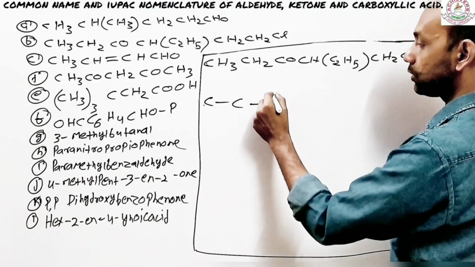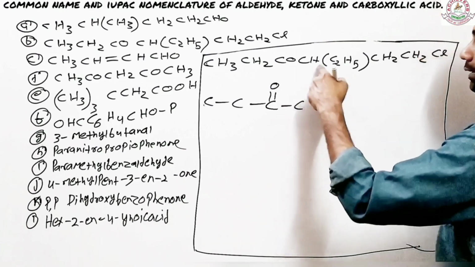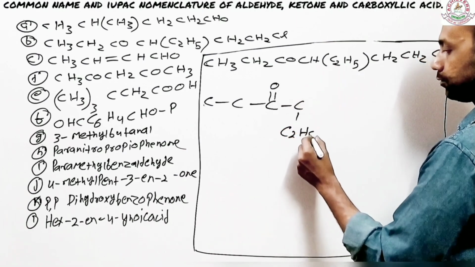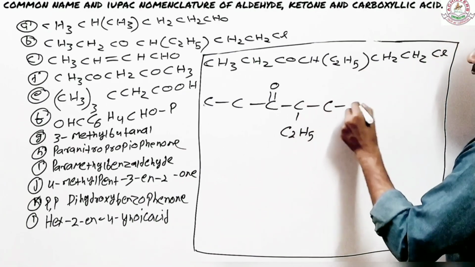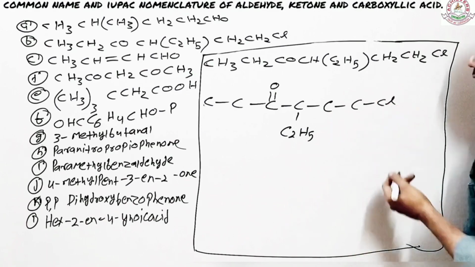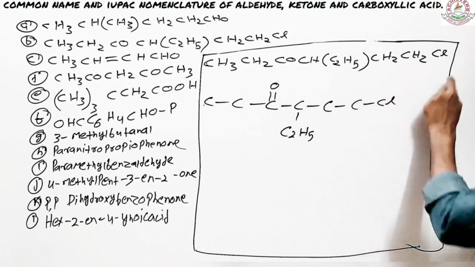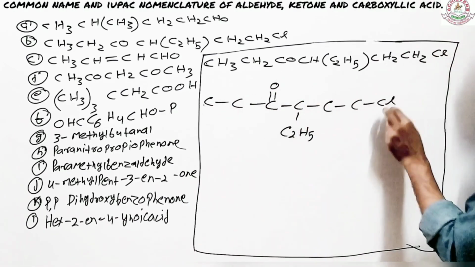So you need to understand that this oxygen is something like this. Then you have another carbon coming up, but this carbon has an ethyl group. So I will place that ethyl group down here, right? And then there is another carbon here, then this one, and finally you have a chlorine. Let's count the number of carbons. 1, 2, 3, 4, 5, and 6. Ethyl is up here, right here, and chlorine is on the last one.